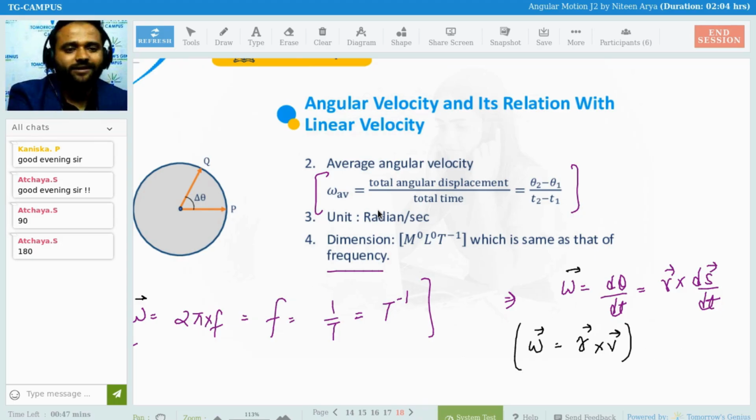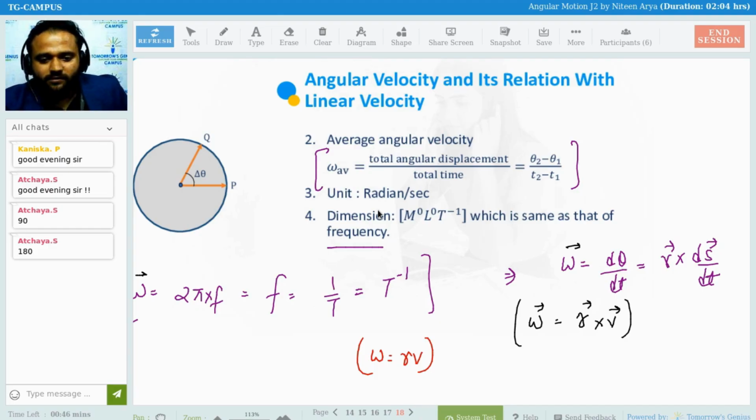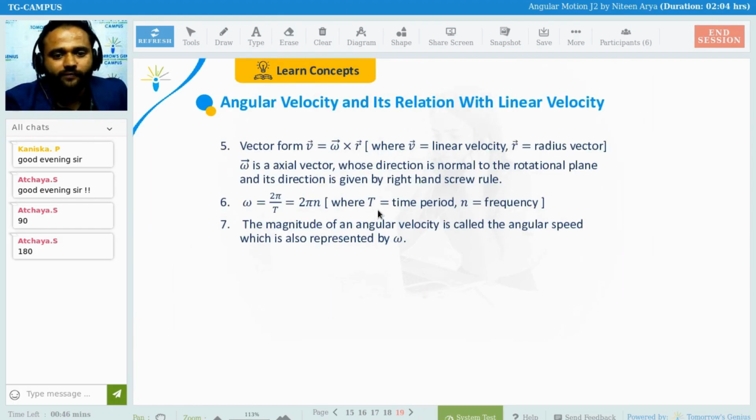Okay, so that is, in magnitude wise, omega equals v by r. Simple. Clear, beta? Moving ahead, vector form: v equals omega cross r, where v is the linear velocity vector.